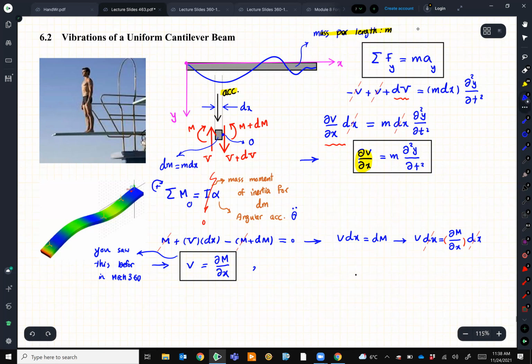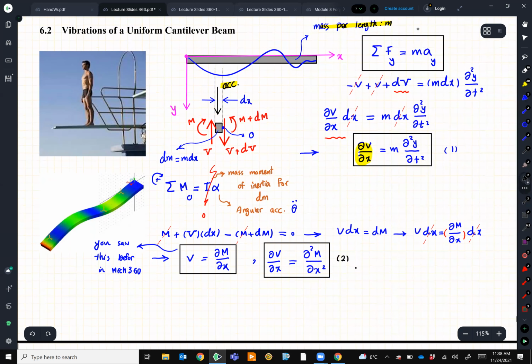So I'll take the derivative of V with respect to x, and it gives me the second derivative of M with respect to x squared. Let's call this one equation 1, and this one, let's call it equation 2.